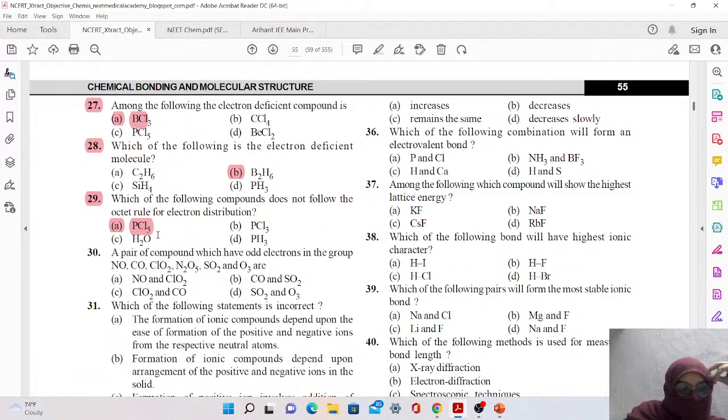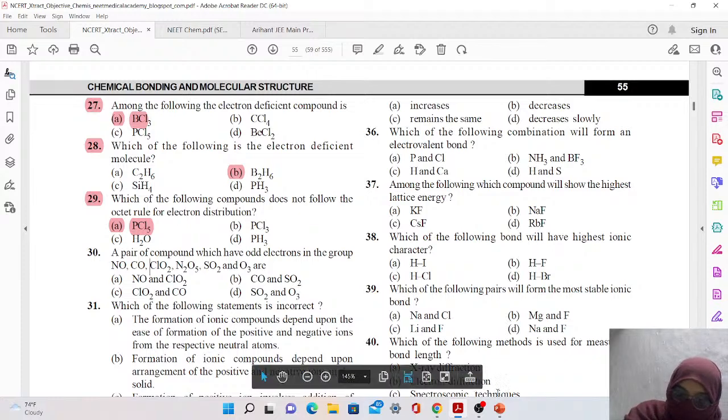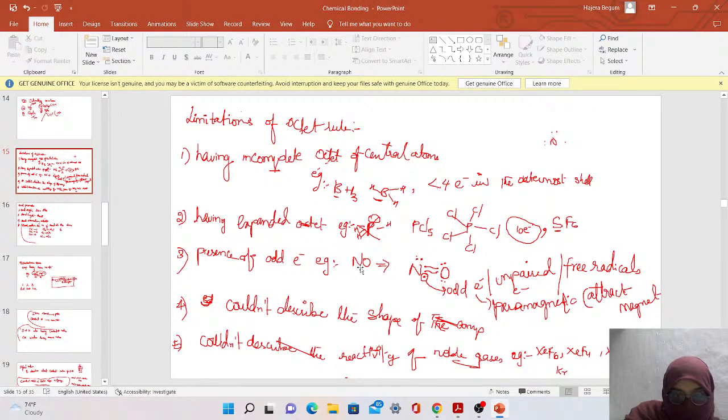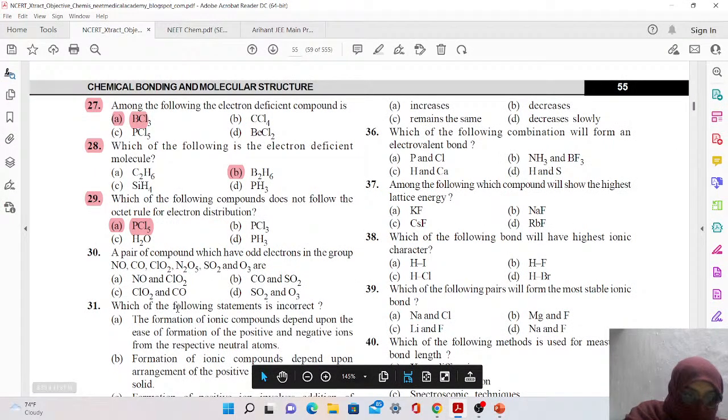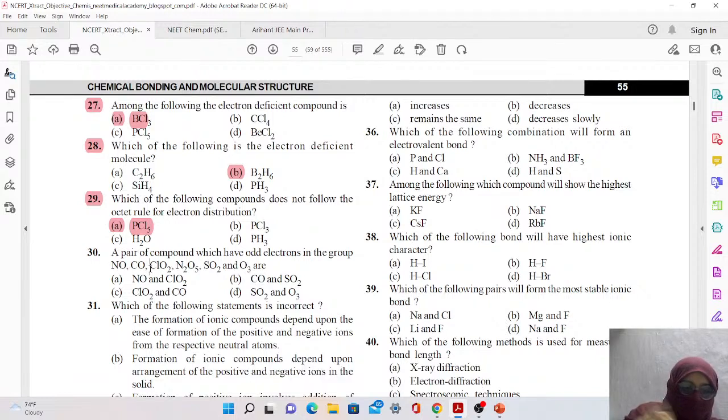Let's do the 30th one. A pair of compounds which have an odd electron: NO, CO, ClO2, N2O5, SO2, O3. Please remember, I already told you that nitric oxide, which is NO, has an odd electron in the outermost shell. You can see the example I gave here. So odd electron, so surely we got NO. We don't even need to check CO, ClO2, N2O5, SO2, SO3, because option A is the only one having NO, right?